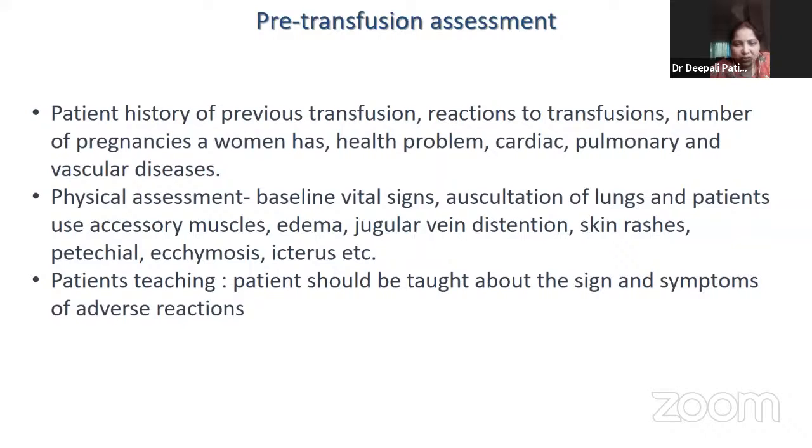In such conditions, blood transfusion may prove fatal due to circulatory overload. We must also look for skin rashes, petechiae and ecchymosis, icterus, etc., which give an indication of underlying systemic disease. Then patient teaching. The patient should be taught about the signs and symptoms of adverse reactions.